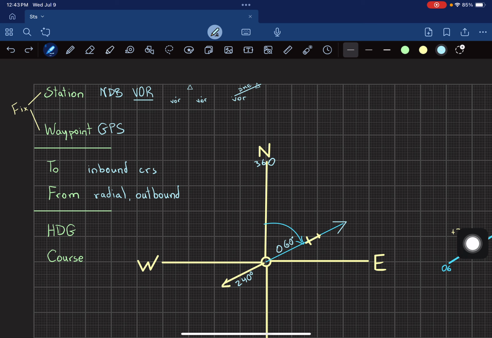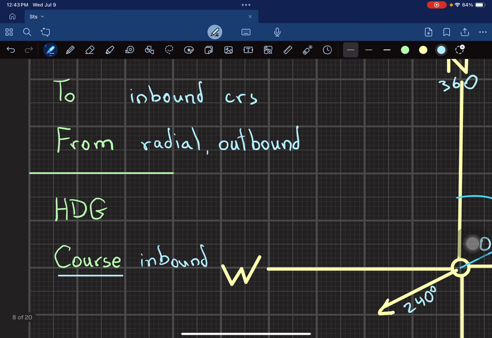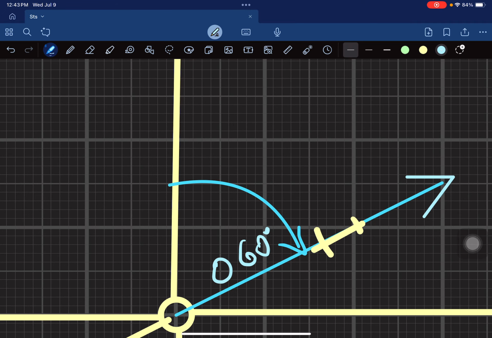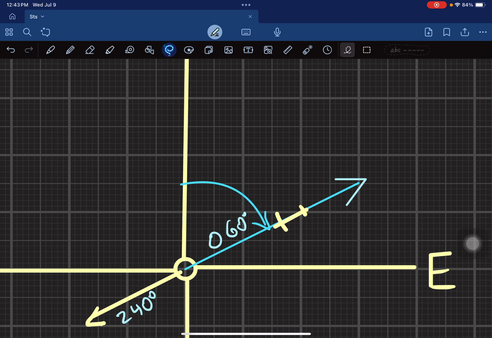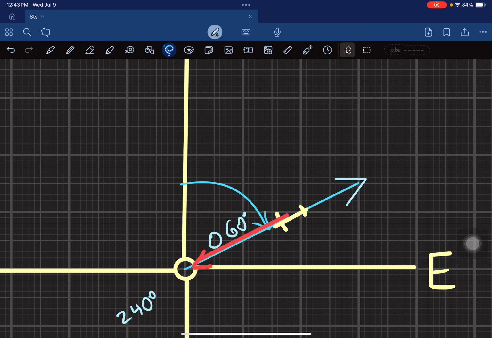Now, why do we say inbound course and outbound heading? What is the difference? Well, the inbound course is a course because you track it into the station. You're tracking this course into the station from your present position, and for tracking that, you keep a needle centered.